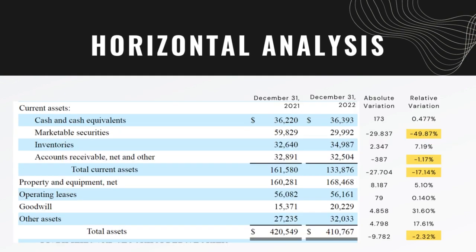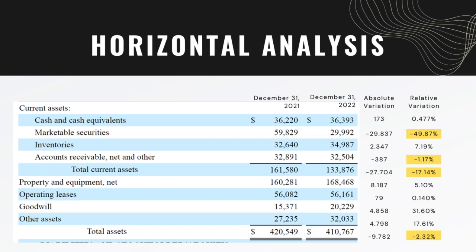Okay, hello, my name is Santiago, and I'm going to present the part of the horizontal analysis. In this part of the horizontal analysis of Amazon, we will compare the periods of December 31st of 2021 and December 31st of 2022.